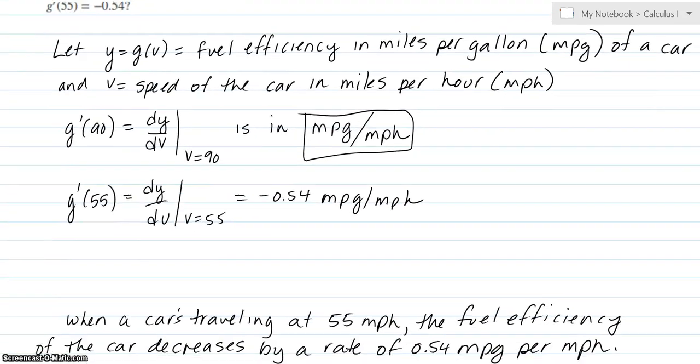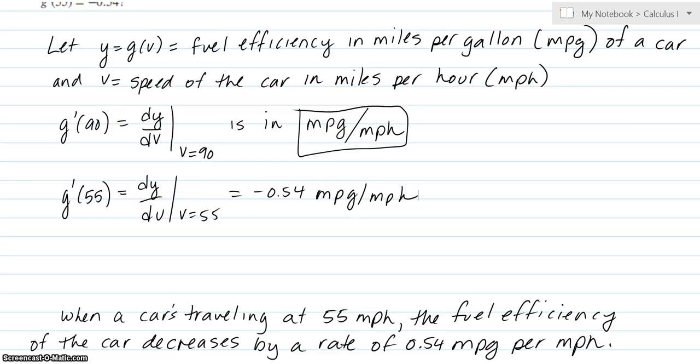So let's go ahead and see that here. When a car is traveling at 55 miles per hour, the fuel efficiency of the car decreases at a rate of 0.54 miles per gallon per miles per hour. That's another way of saying that.